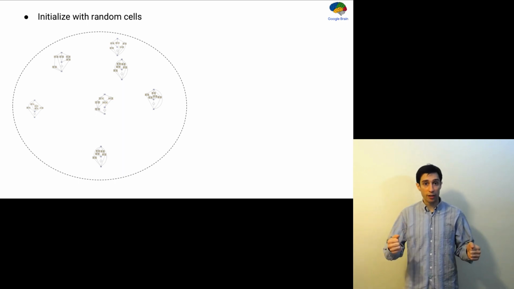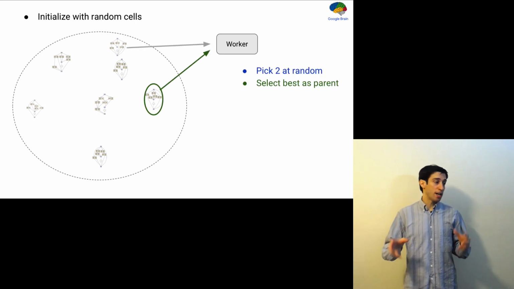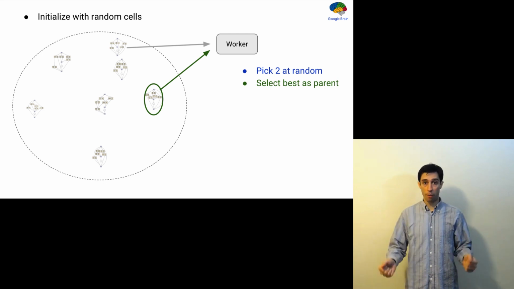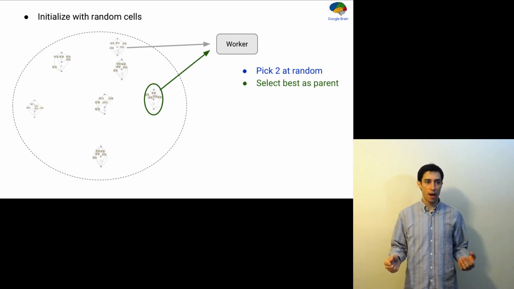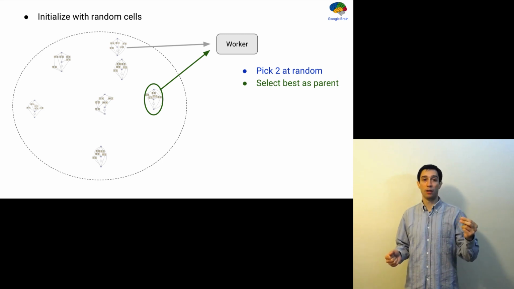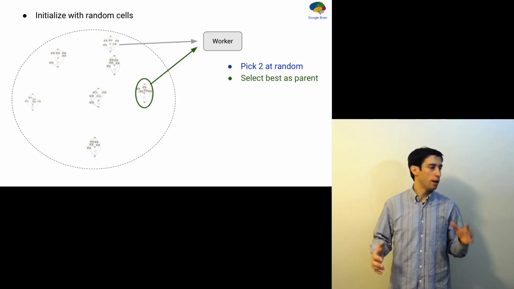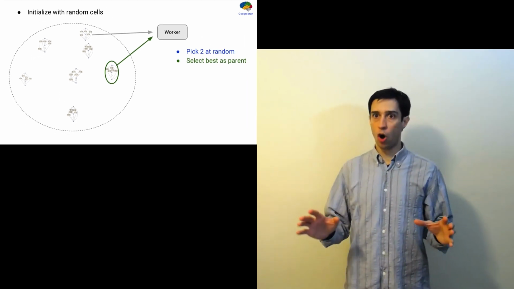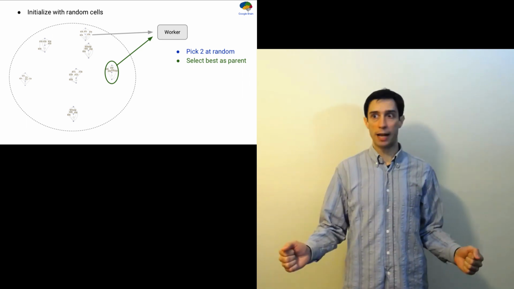Now, after this, the algorithm proceeds in cycles. At each cycle, a worker picks a small subset of the population, like for example 2 in this example, and takes the best of the models in this subset and calls it the parent. Now, this step is critical because it's the only time in which the algorithm does something that is not random.